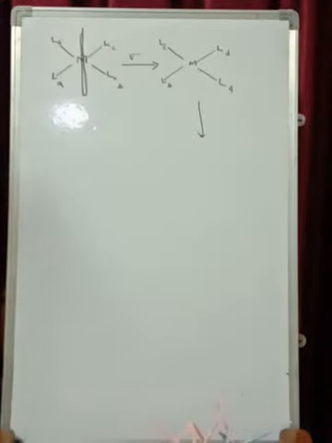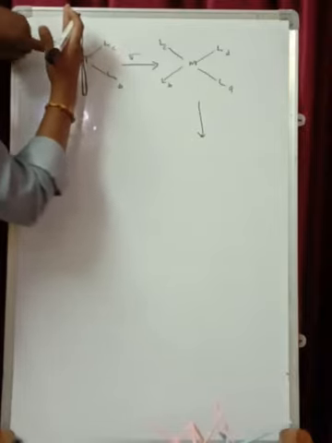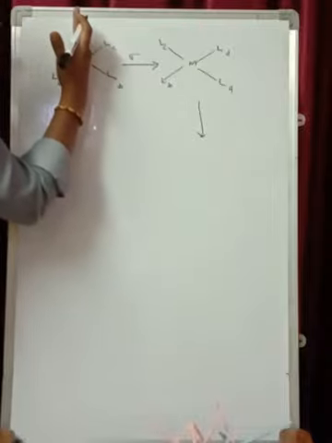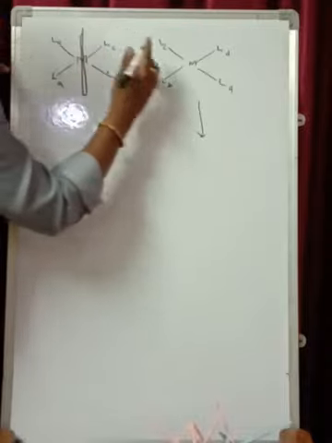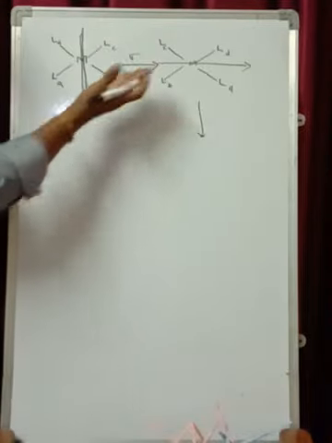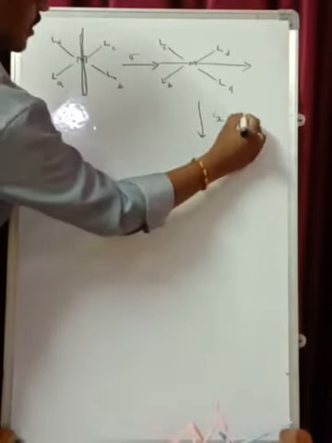Now, rotation must be perpendicular. I told you rotation must be perpendicular. Since I have done reflection along this particular plane, the rotational axis should be along this particular axis. Now, I have chosen this as the rotational axis. I have done C2, that is 180 degrees rotation.